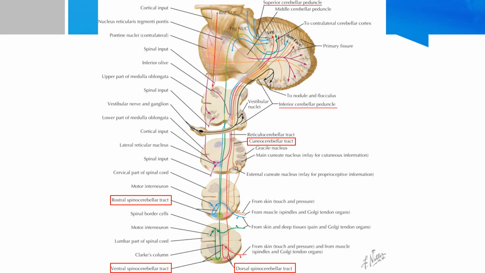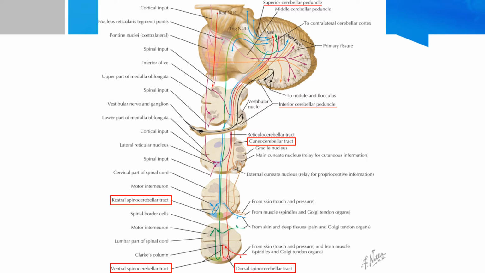And here's a summary slide of the afferents to the cerebellum. And notice how only the ventral spinocerebellar tract goes through the superior cerebellar peduncle, while the dorsal as well as cuneocerebellar and rostral spinocerebellar tracts all go through the inferior peduncle.